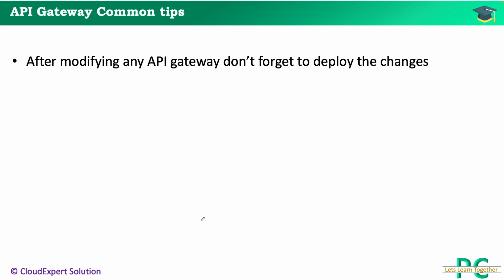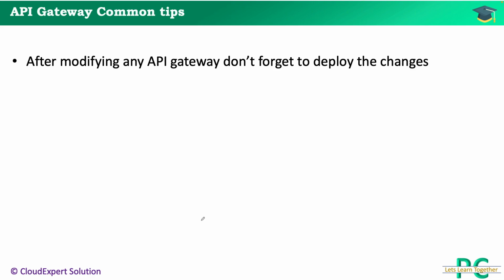Before going to the demo, I would like to explain some common tips regarding Amazon API Gateway. Most of the time, I believe everyone is facing that challenge. The first one is, after modifying any API Gateway changes, do not forget to deploy that change.